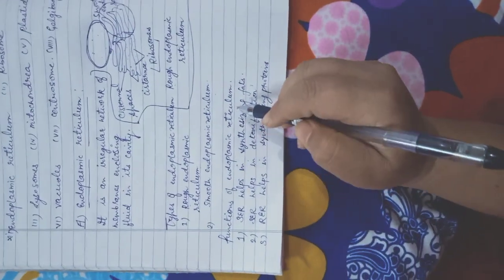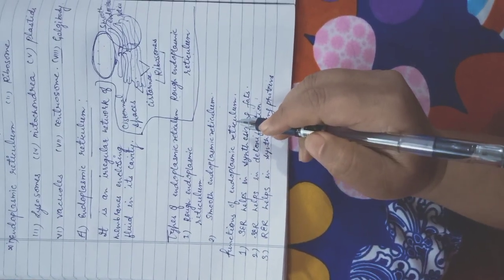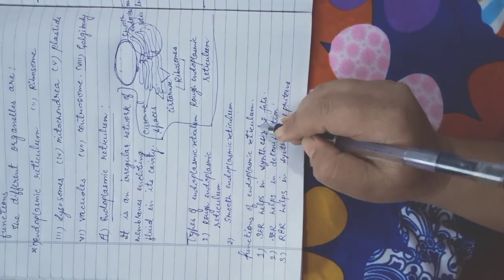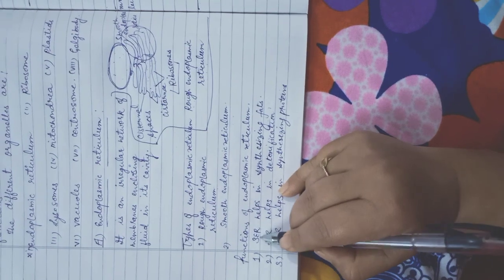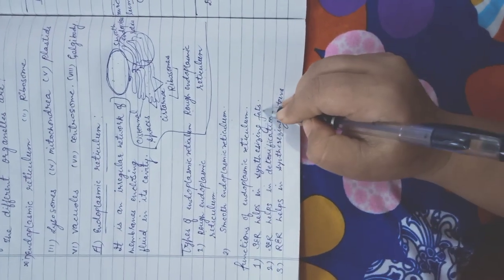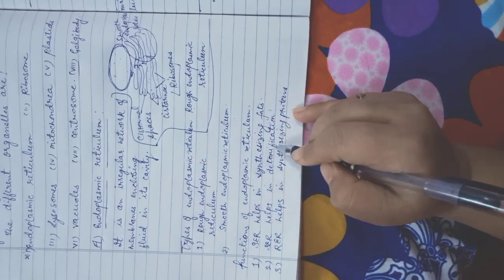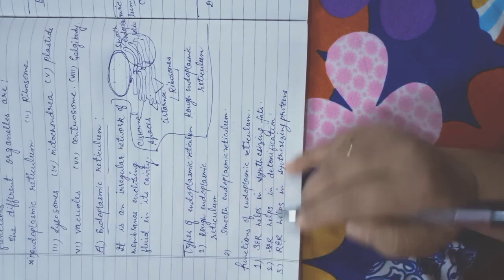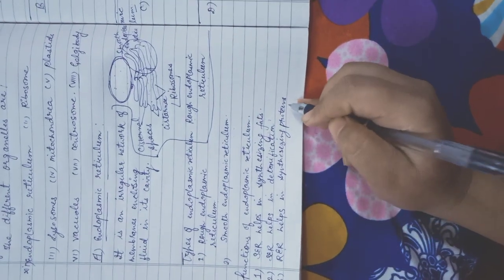Next we will discuss the functions of the endoplasmic reticulum. Different functions are performed by these two types. SER, the smooth endoplasmic reticulum, helps in synthesizing fats. SER helps in detoxification also, and the rough endoplasmic reticulum helps in synthesizing proteins.